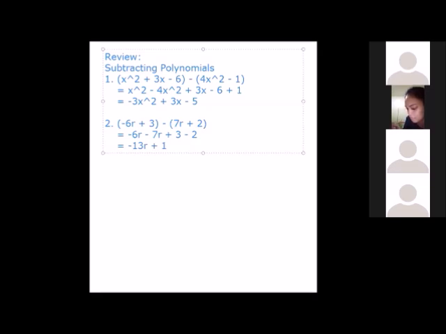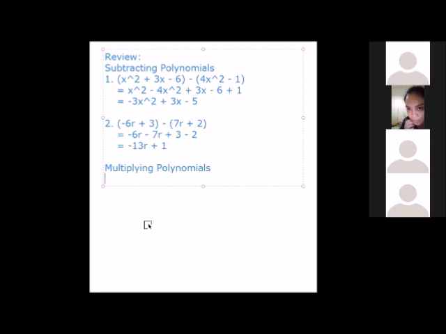So that's it. Subtracting polynomials, just don't forget to get the additive inverse of the second polynomial and then proceed to combining like terms. Okay, I guess you're ready for the next. So in multiplying polynomials, we will be using your prior knowledge about the distributive property with expressions, the one that we discussed last time.